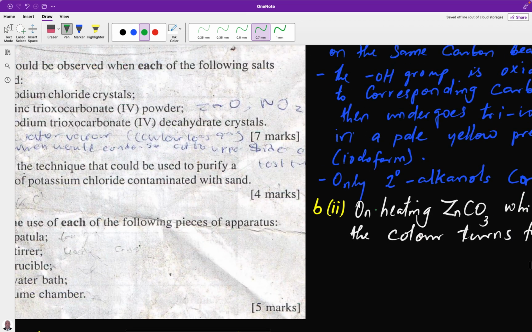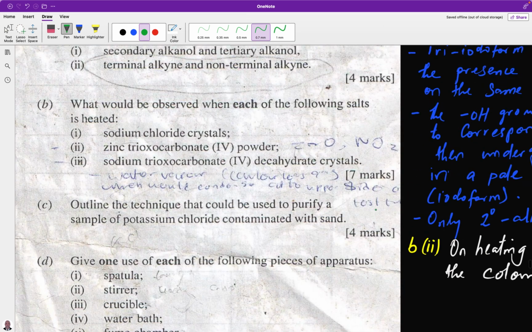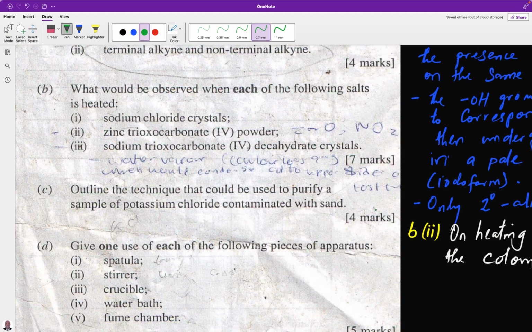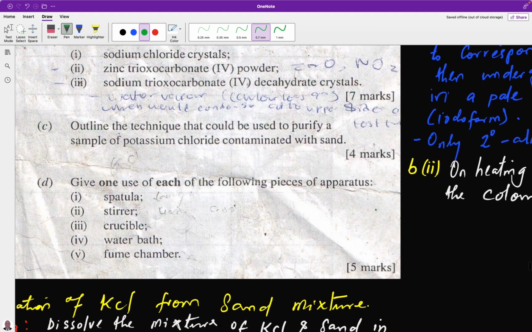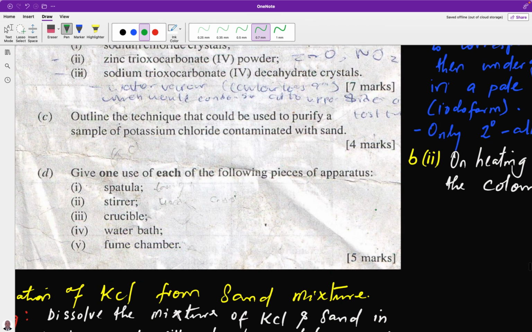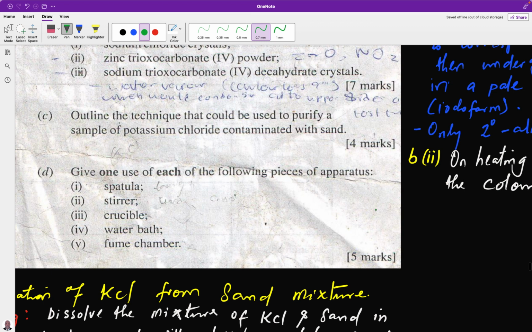Okay, let's go to the other section. C part. Outline the technique that could be used to purify a sample of potassium chloride contaminated with sand. That one is 4 marks. That is a mixture of potassium chloride with sand.